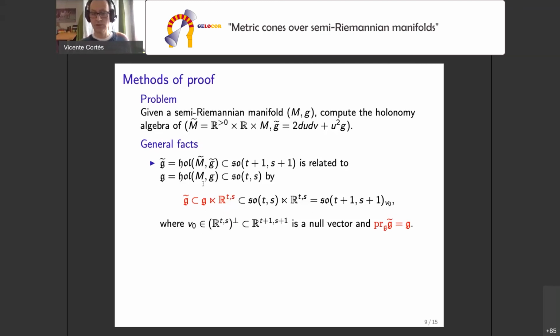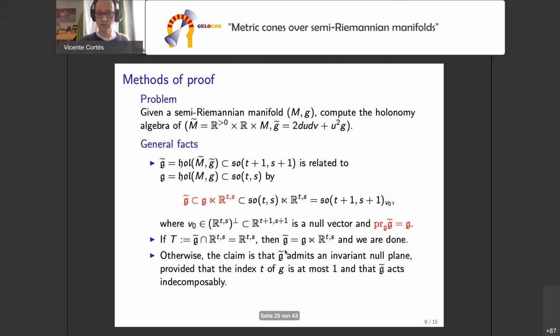It's not just a subalgebra, but if you project this subalgebra to the linear part, to so(t,s), or here in this picture to this G, then you obtain all of G. So it's some subalgebra which, when you take the quotient by the translations, gives you the full algebra G. These are general facts which are always true.